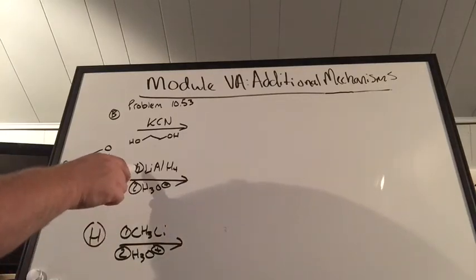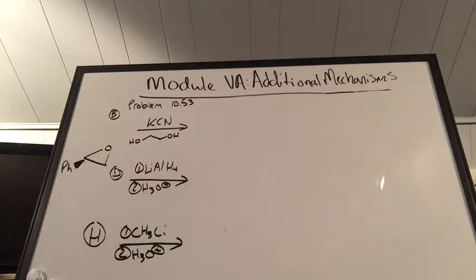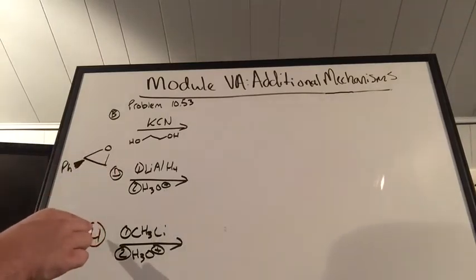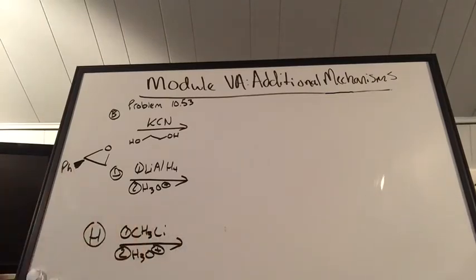Notice how for the first example, or for the first step, you have lithium aluminum hydride. Second, you have H3O, and I'll get into lithium aluminum hydride in a second. But for the third, which is going to be example H, you're going to have CH3Li. So this is going to be what's referred to as an alkyl lithium reagent.